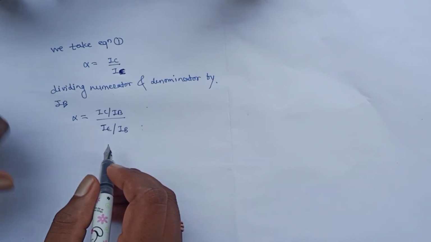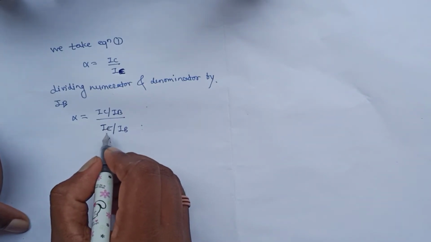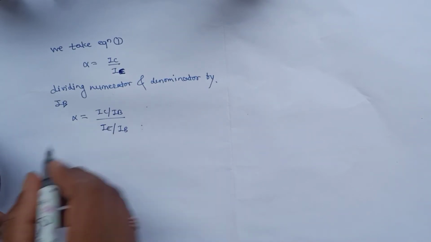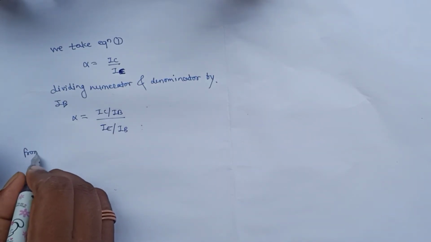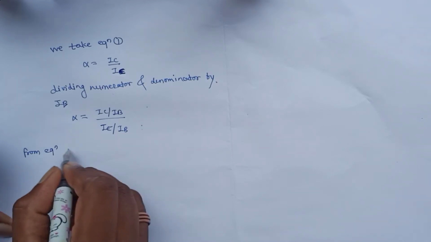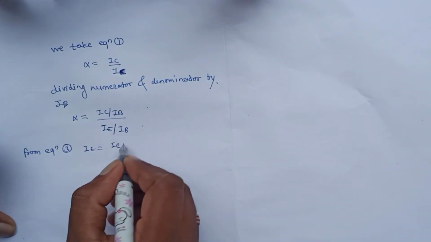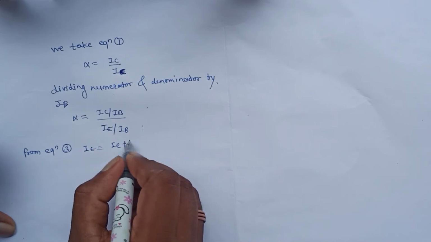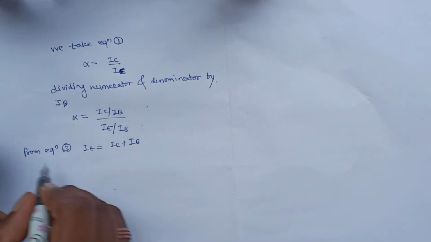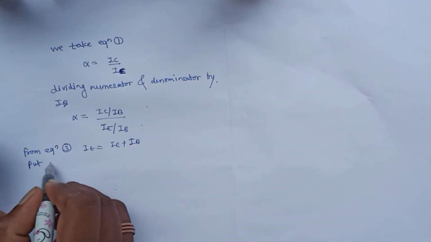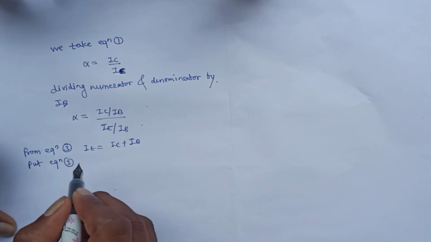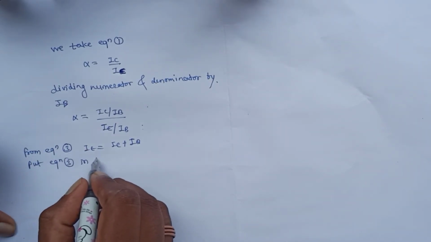So we know the value of IE from equation number 3: IE is equal to IC plus IB. Put equation number 3 in the above equation.